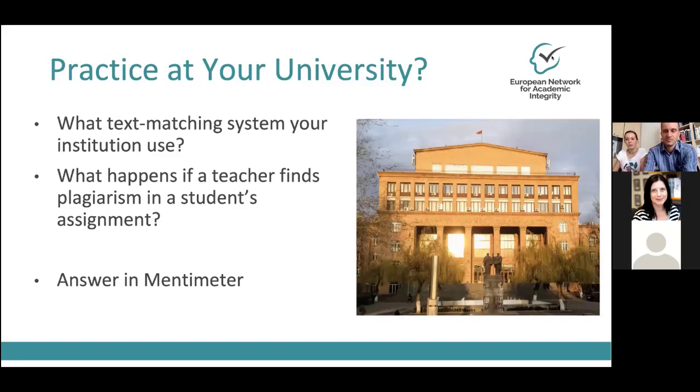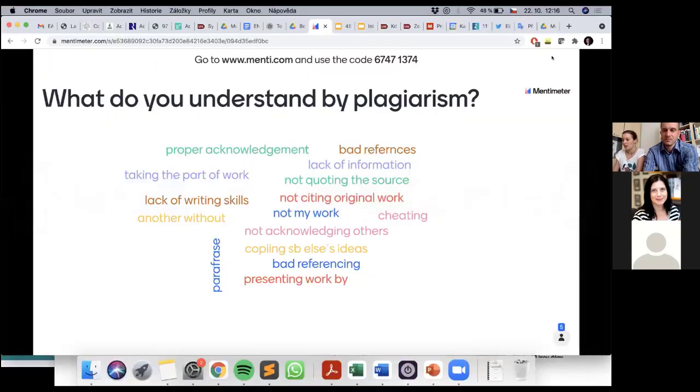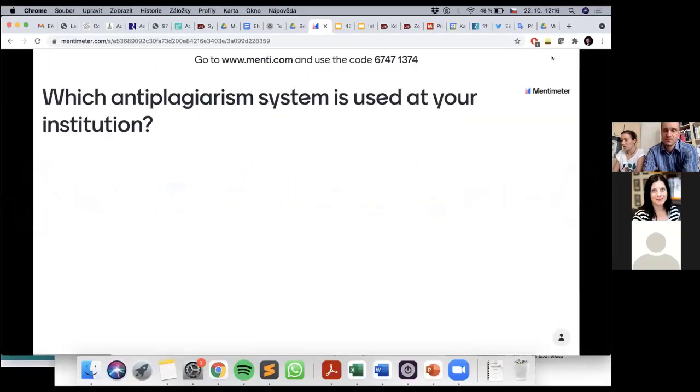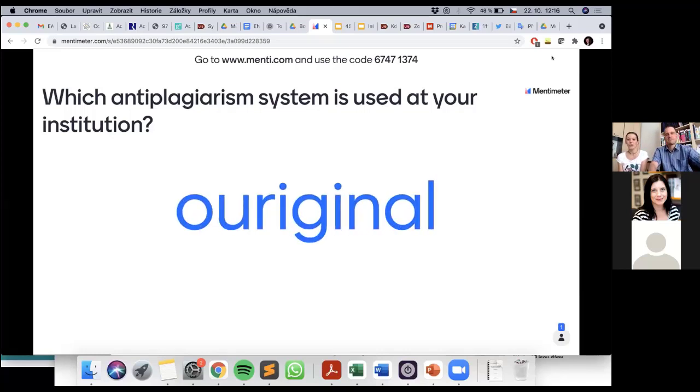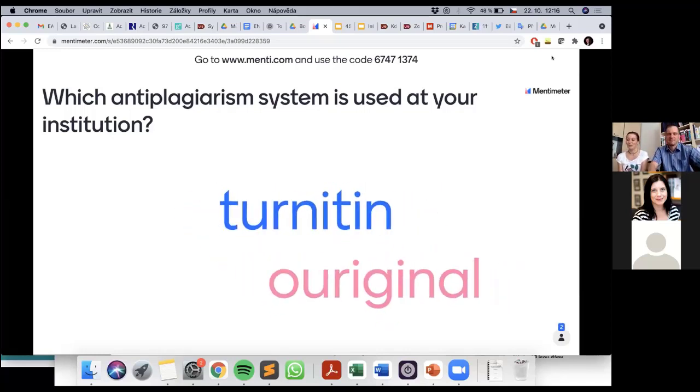And we have two questions for you. The first question that we would like to start with is, what text matching software is used at your institution? Now you should see the question in the Mentimeter, and you should see multiple text fields. So if you are using more software, you can write more of them there, or if you are using just one, just write one.